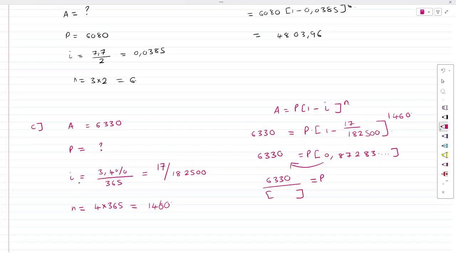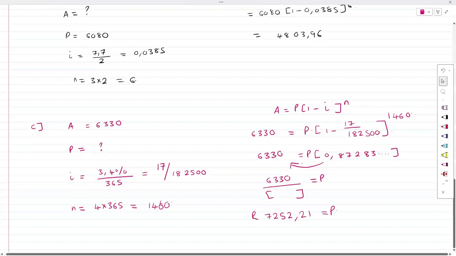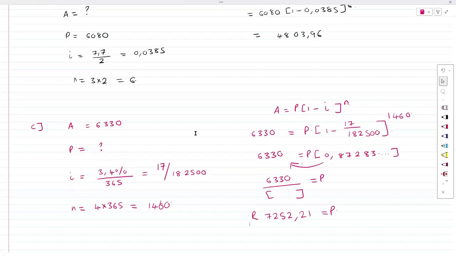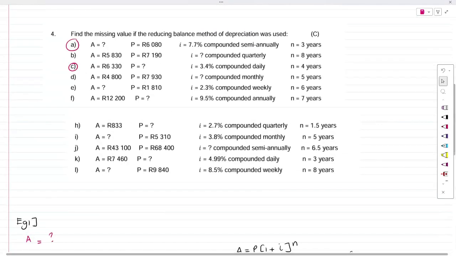This bracket over is taken over as division, and P is equal to 6330 divided by this amount, and I get 7252.21. I think that's a better number to deal with. The rest of this can be done as homework. I'll find some time to make another video to complete this.